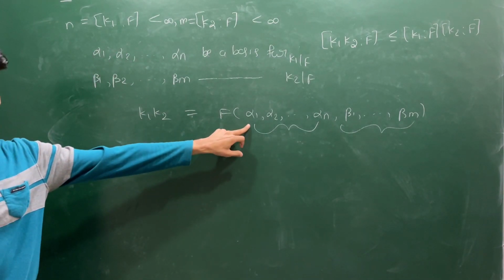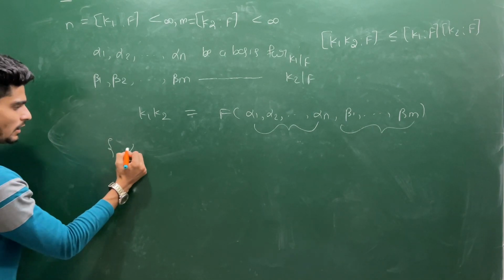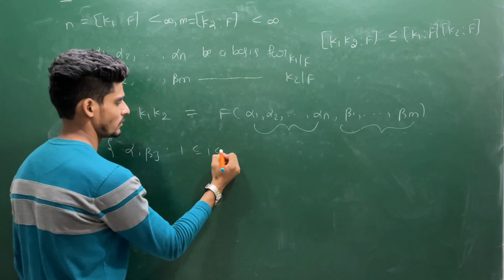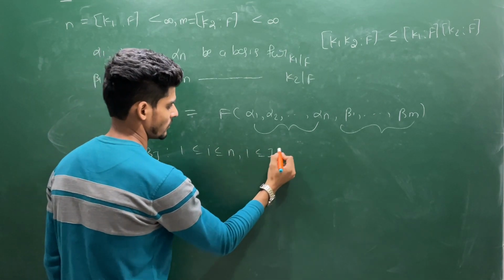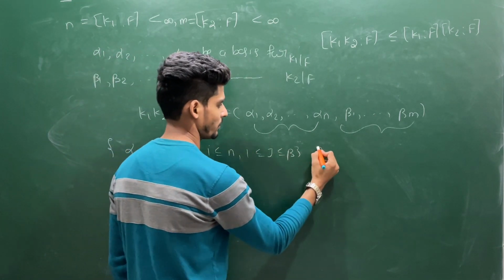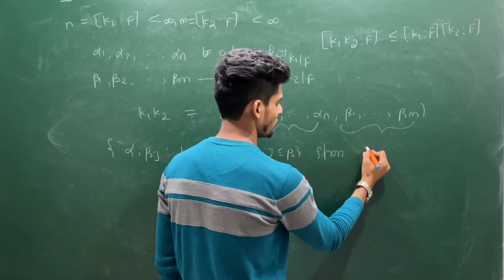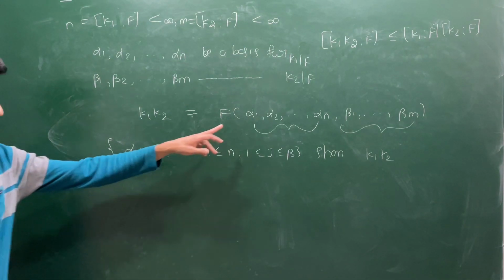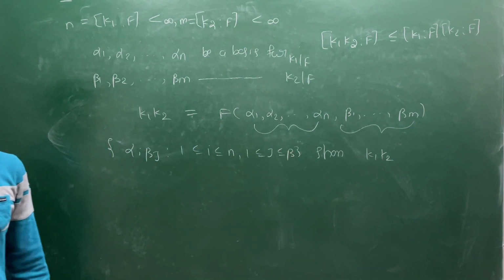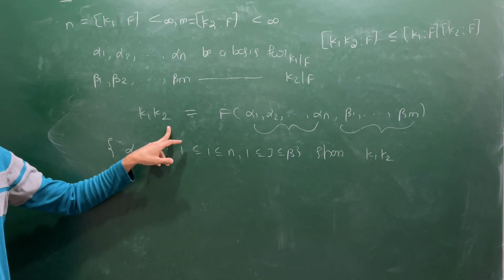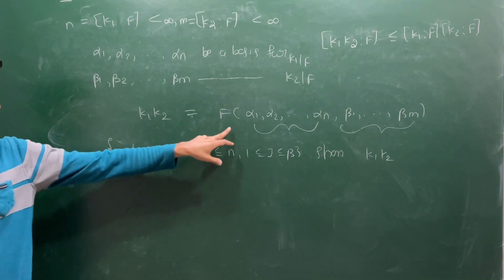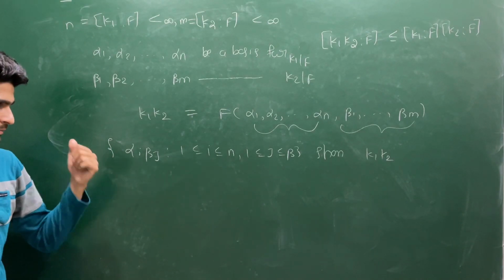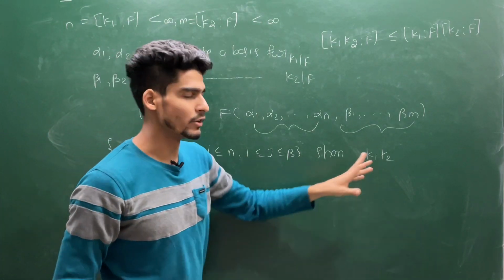But one thing is very clear, I can say this set alpha i beta j spans k1 k2, because if I take all the combinations of alpha i and beta j, I will get k1 k2, or every element of k1 k2 can be written as a linear combination of alpha i beta j. So this is a spanning set of k1 k2.